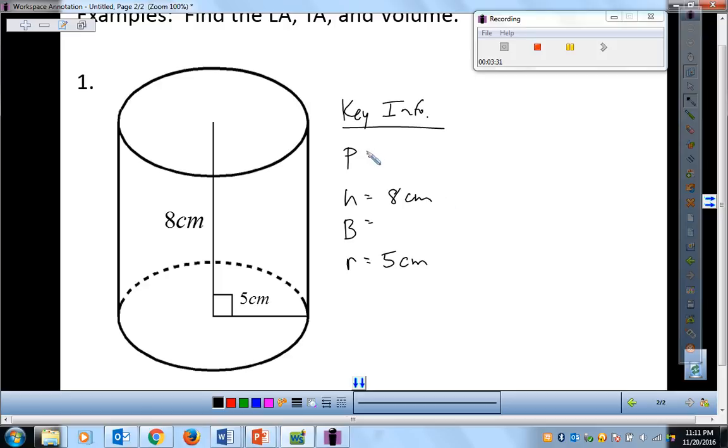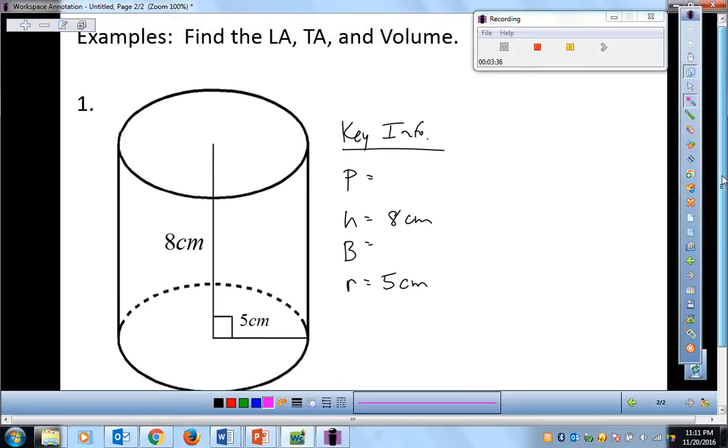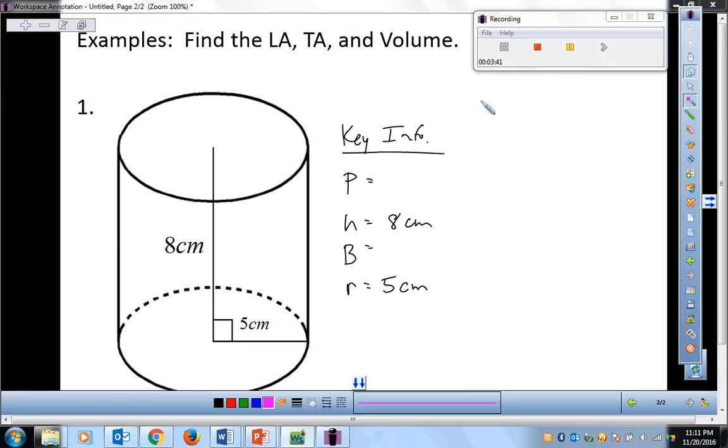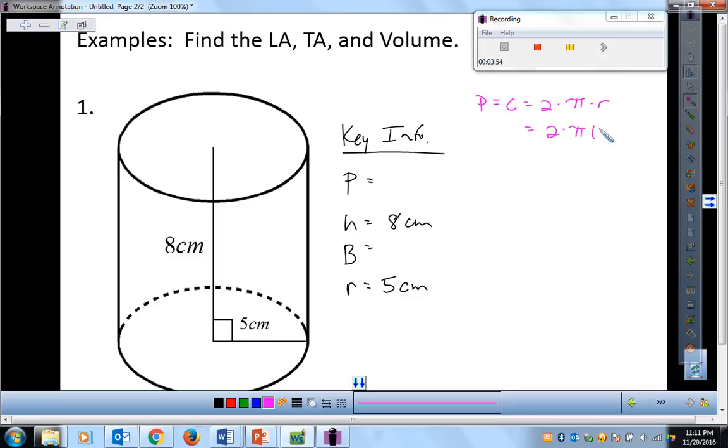So we need the perimeter of the base and the area of the base. Again, this is the same formulas we're going to use from the previous slide. So we'll go ahead and do it up here. The perimeter, which is the same as circumference, equals 2 times pi times r. And we're going to leave pi in our answer. So this is going to equal 2 times pi times the radius, which is 5. And just like before where we left pi in our answer, we want to leave pi in our answer here. 2 times 5 is 10 pi.